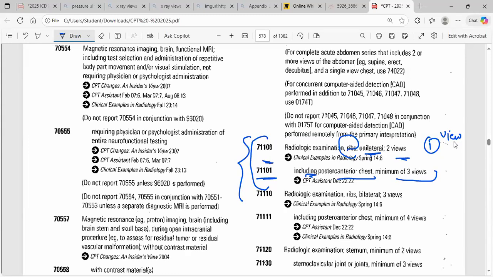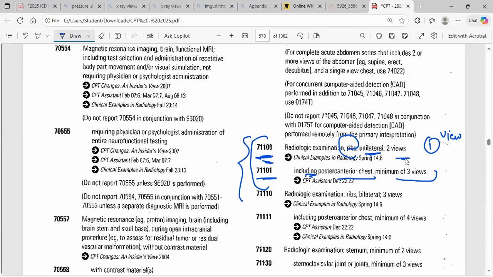Maybe, ma'am, we will use the 26 modifier with this code. You are saying that we have to use 71100 with the 26 modifier. My guess, ma'am. I don't know how we can write this with one view when it is mentioned two views here.